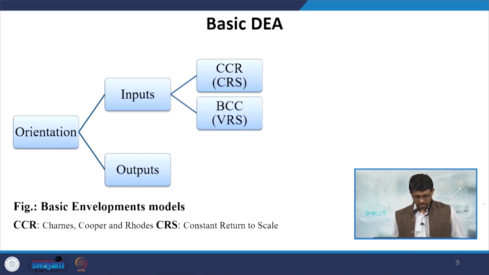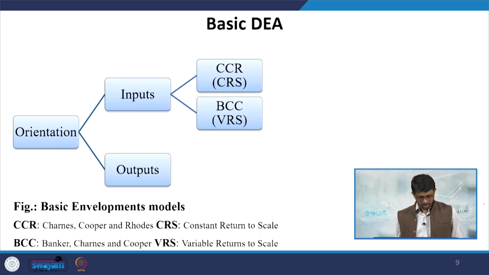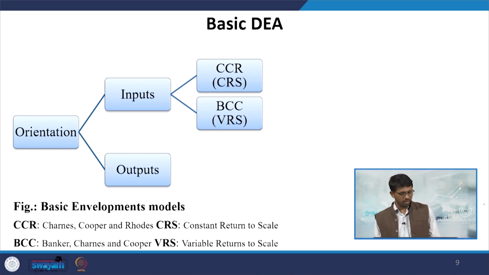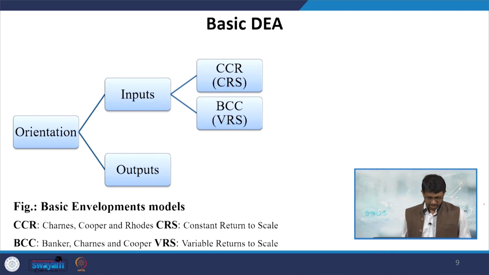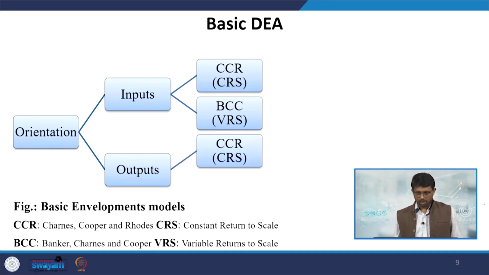VRS is variable returns to scale, which was initially introduced by Banker, Charnes and Cooper, that is why it is called BCC. And in the output orientation model, we can again have the CCR and also the BCC model.